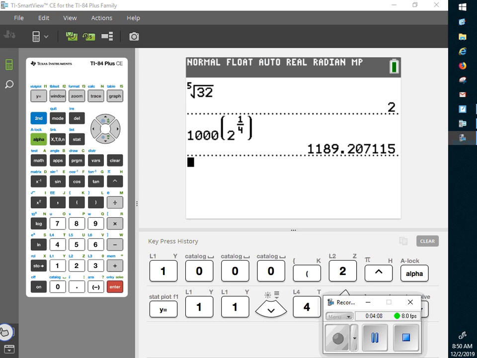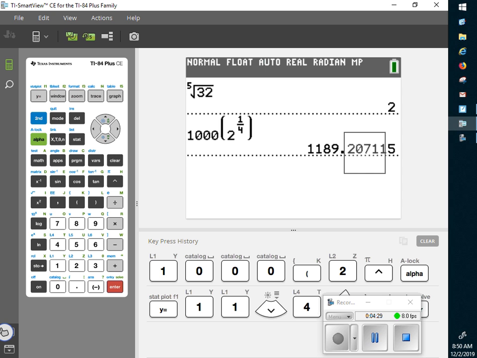Now, how do we round this number to the nearest penny? So we would say $1,189 and not 2 cents, 21 cents.